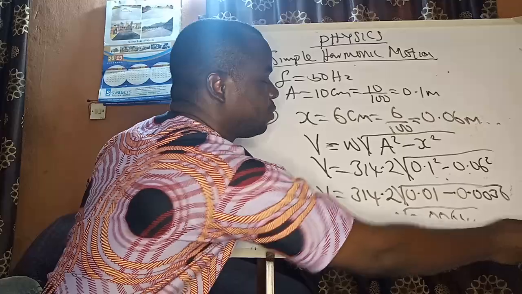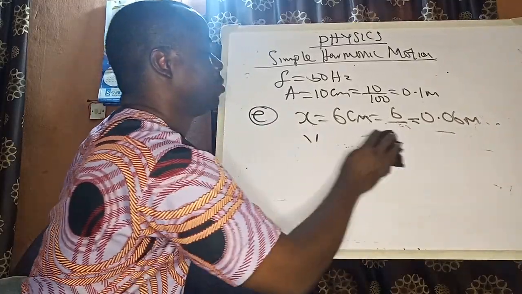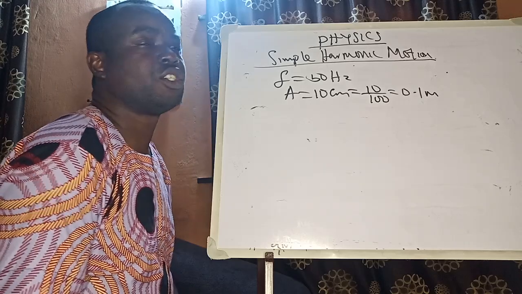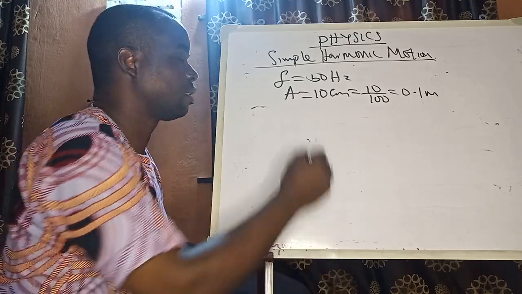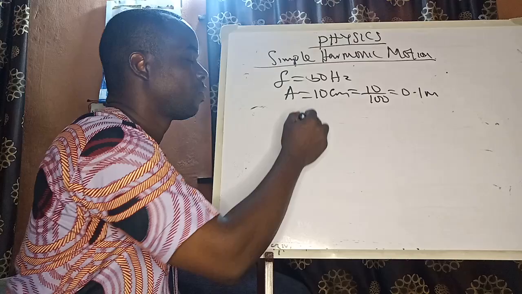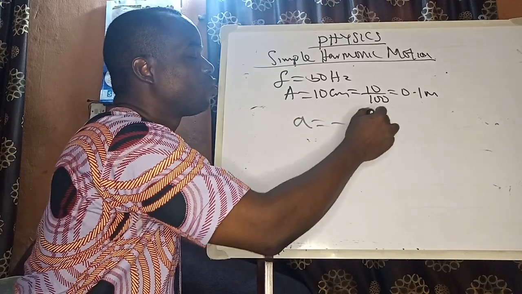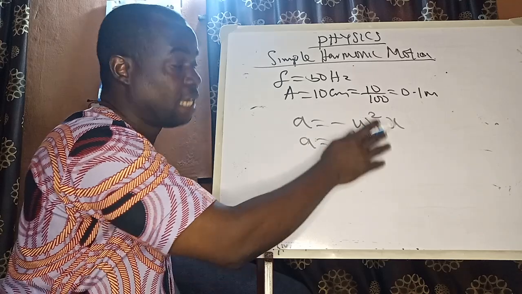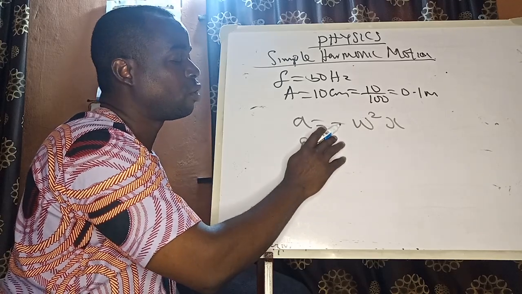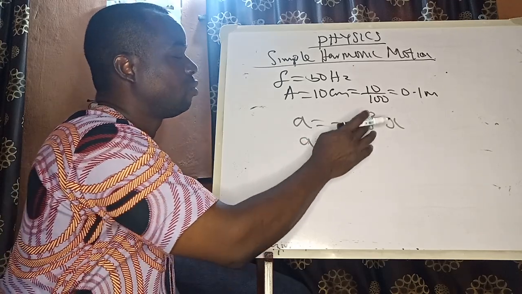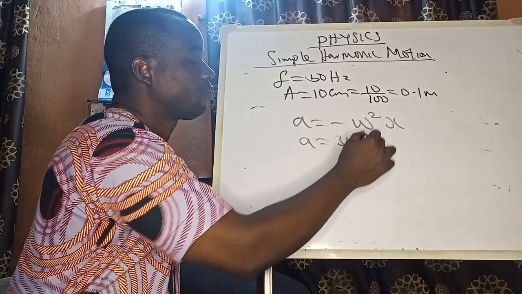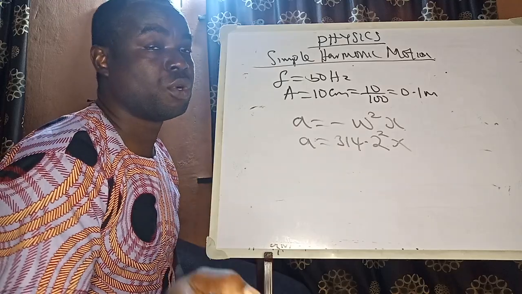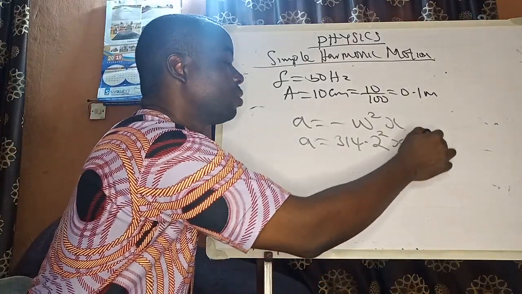Then finally, we are looking for the acceleration at that distance x. So the acceleration will be negative omega squared x. Take note of this formula because x is involved. So I'm not using minus to solve it. I've told you before. Now w is 314.2 squared times x. Our x is now 0.06.